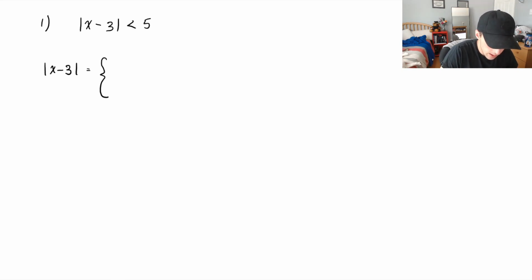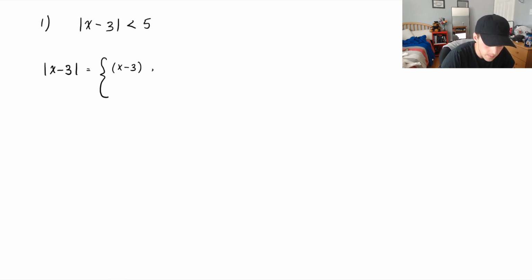So x minus 3 will be positive when x is greater than 3, right? So if you plug in 4, minus 3 will be 1. If you plug in 5, minus 3 will be 2. So x minus 3 will be positive for every value of x that is greater than 3, right?